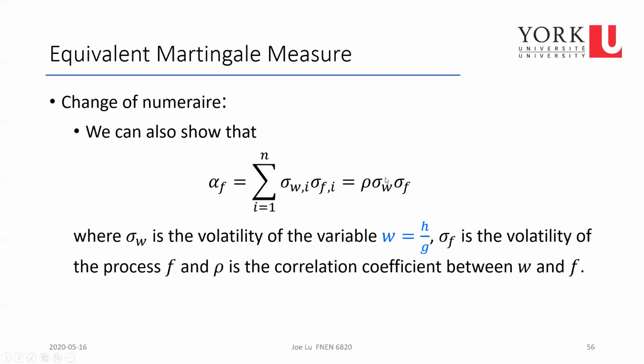If we put everything together as a sum, this is the total effect, the volatility of all the risk factors together for process W. Now, how do we associate this to that? And this is the volatility between W and F.